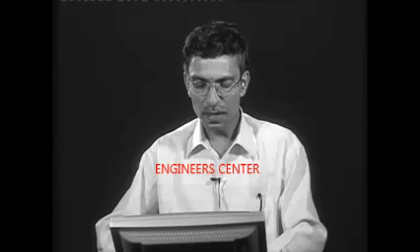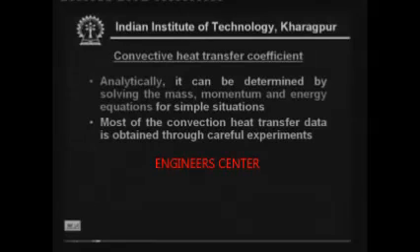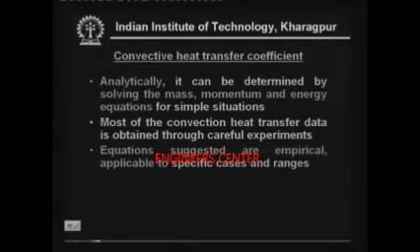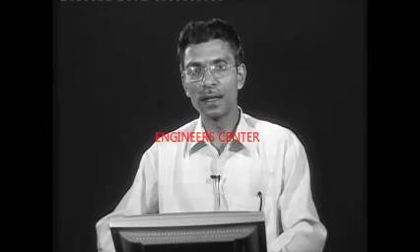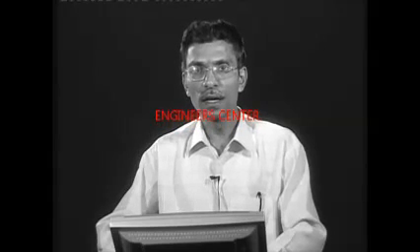That is what is mentioned here. Most of the convection heat transfer data is obtained through careful experiments, and equations suggested are mostly empirical. Once you have empirical equations, they are valid for only a set of conditions under which these equations were derived, and they are also applicable to only that particular range of experiments. So you must be very careful when you are using the empirical correlations.